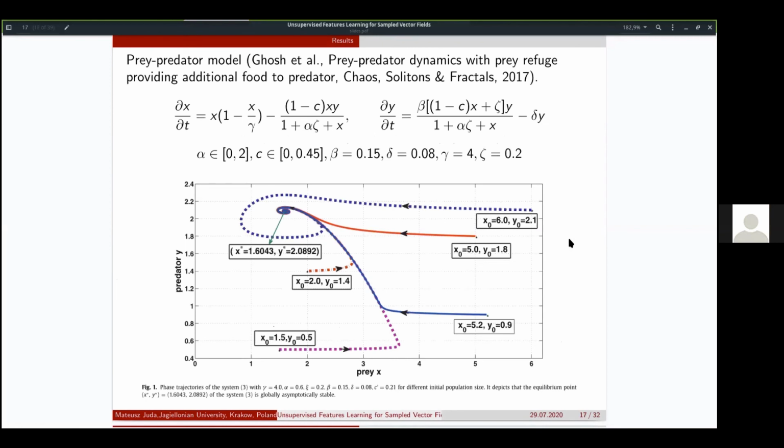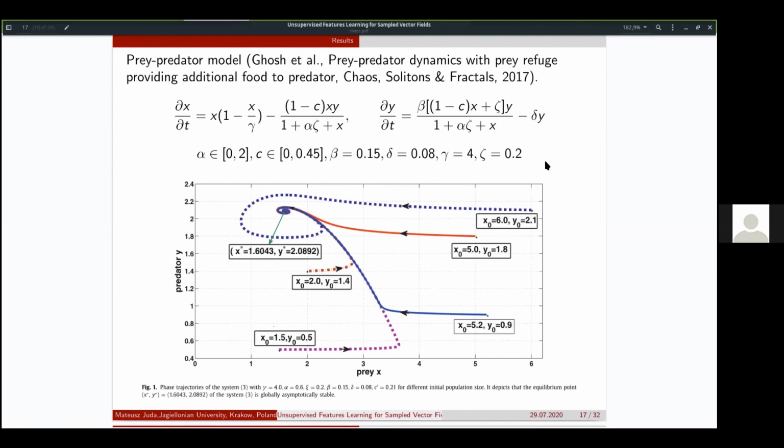Namely, I will go to an example where we have many vector fields, and the vector fields are generated in that particular case from simulations of a prey-predator model, where the model is parameterized by those alpha, C, beta, delta, gamma, zeta parameters. And you would like to analyze the model according to the changes of the alpha and C parameters. Of course, we can analyze the model also according to the changes of the beta, delta, and so on.